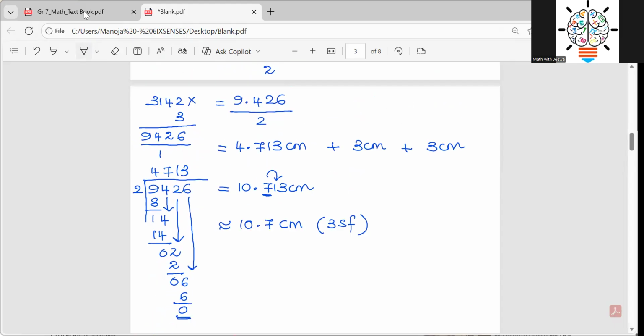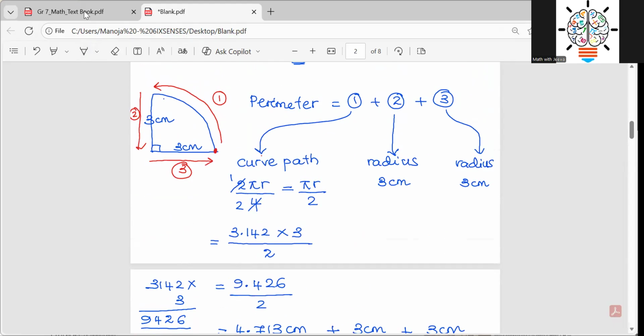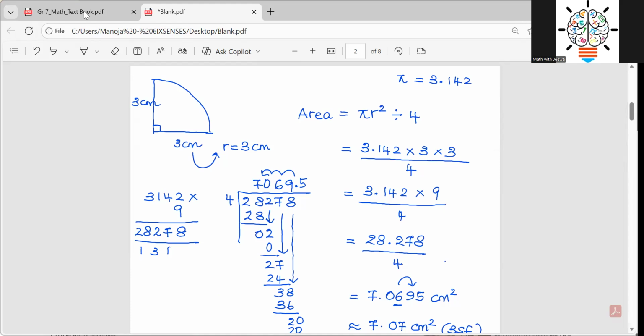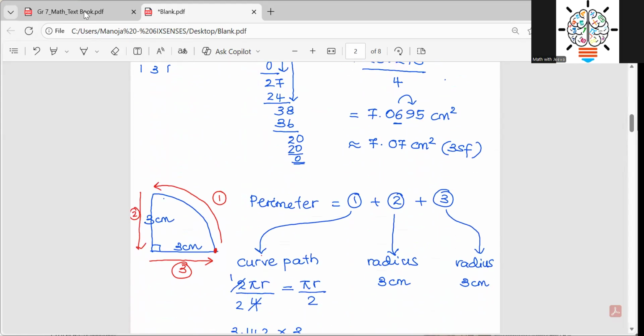Okay. So that is all about the quadrant. First you want to understand the quadrant area. You find the full circle area and divide by 4. Okay. And then you have the quadrant, the curve path, then the straight paths like this, and you want to add them together.